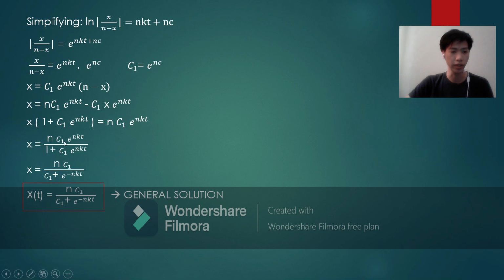So we can divide by e raised to nkt so that the remaining numerator will be n c sub 1, and the denominator becomes c sub 1 plus e raised to negative nkt. So we now obtain this general solution for the IVP.